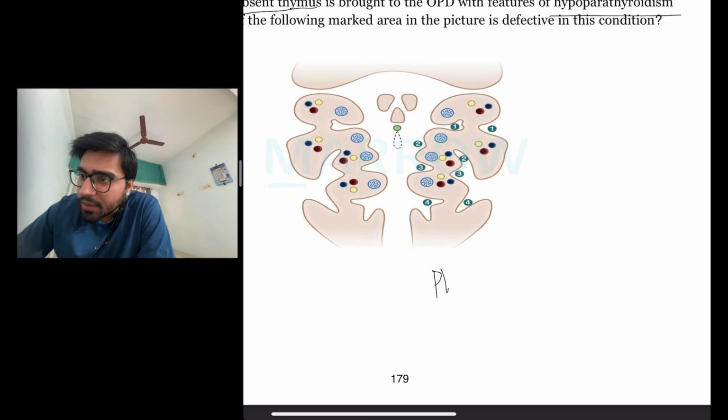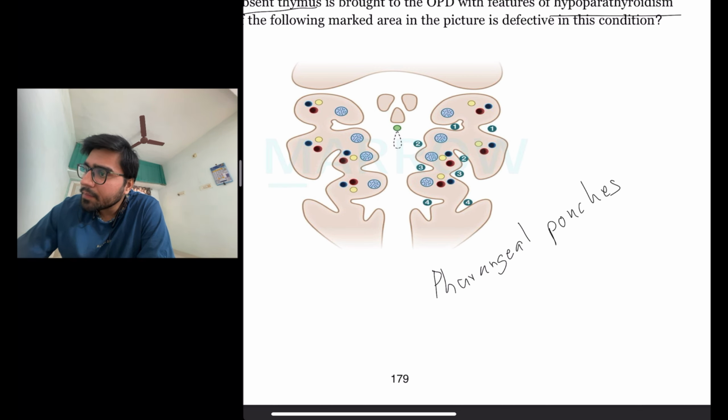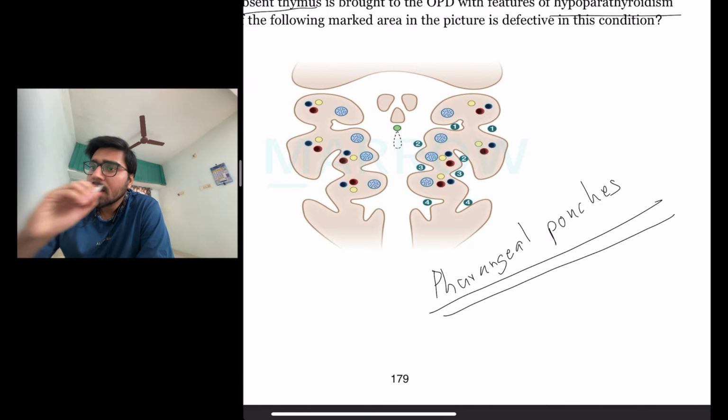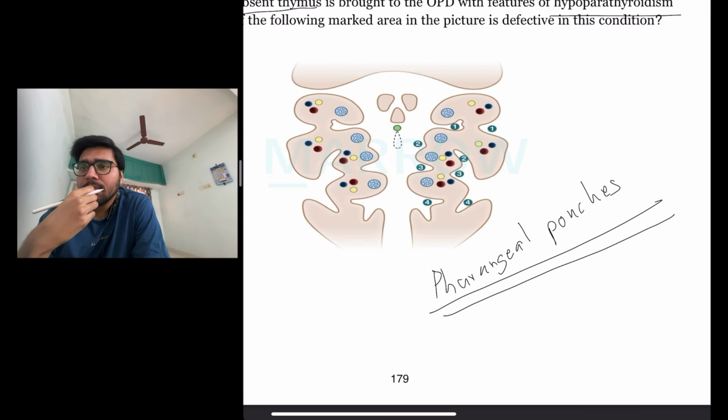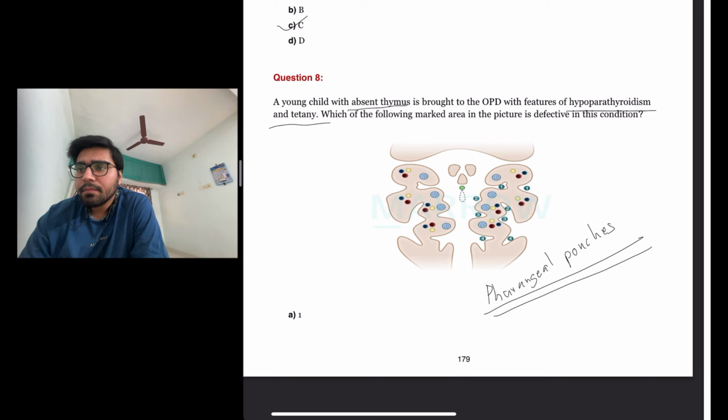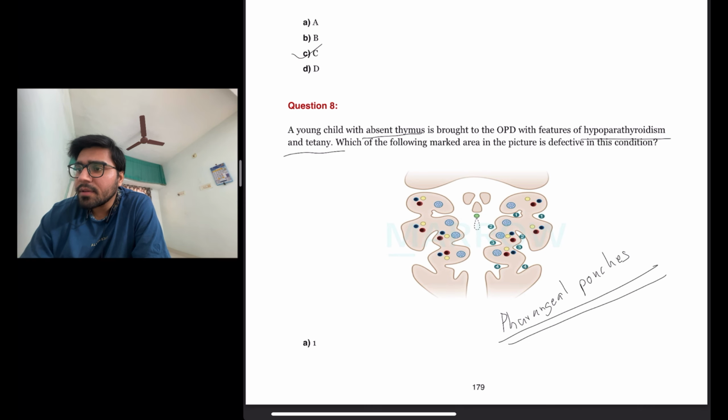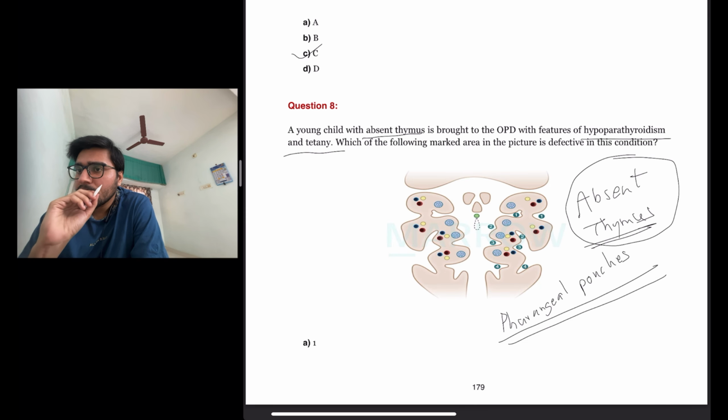This figure is showing pharyngeal pouches, and one thing that is present is absent thymus.